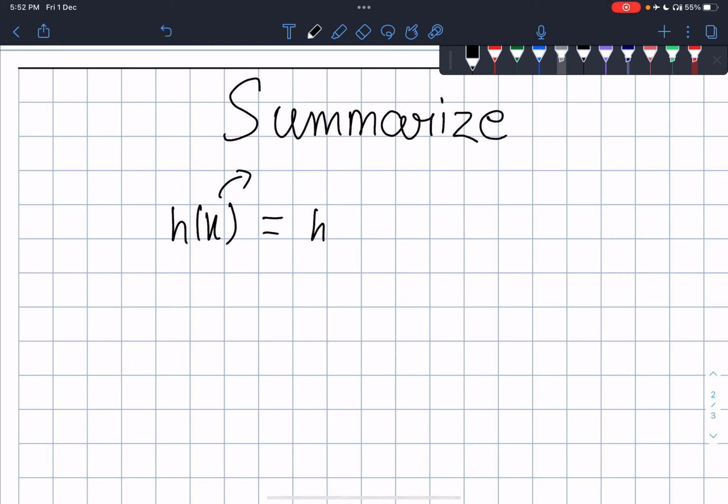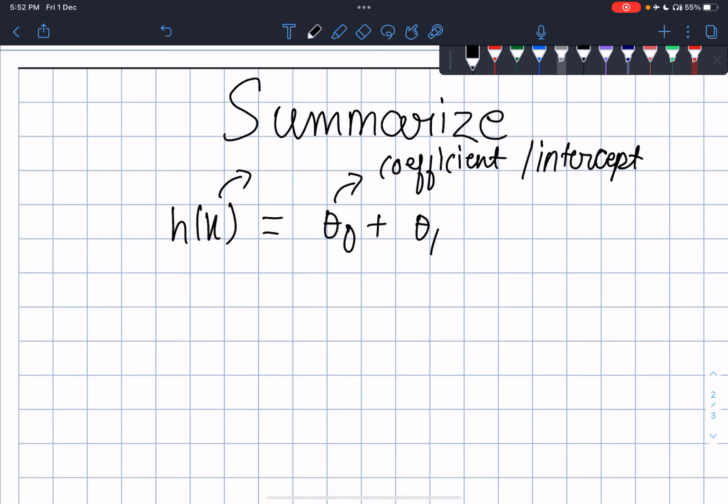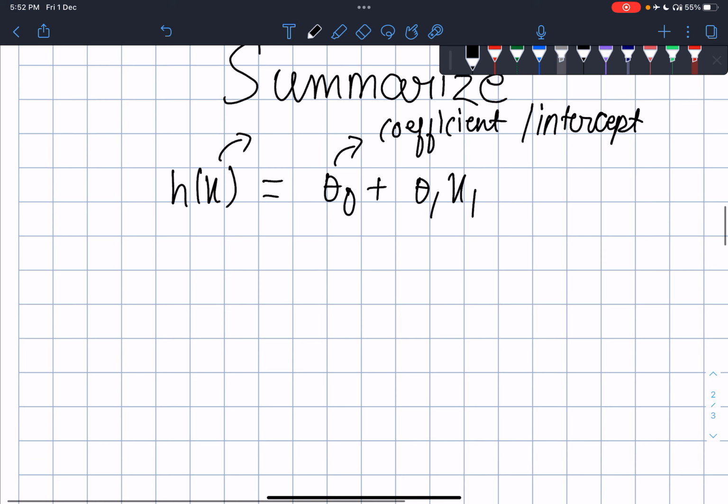We get theta 0, which is the coefficient or the intercept, playing a major role in getting the line. The next thing is theta 1 and the input x1 which we gave to the function. So this is the function from which we get the line.